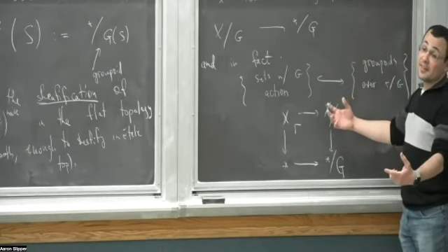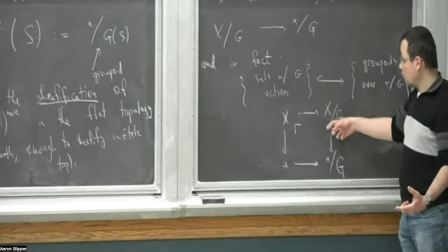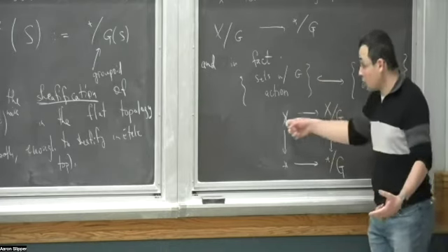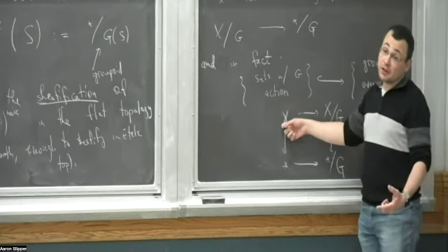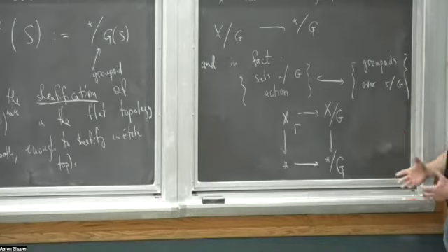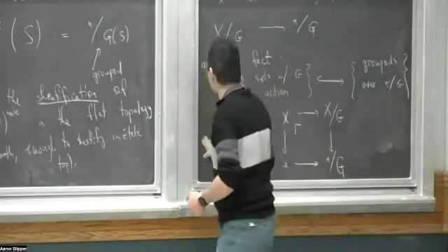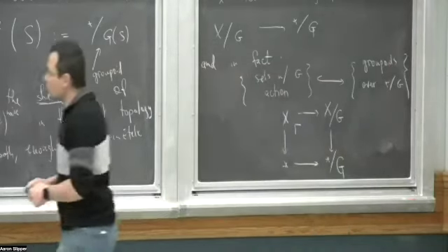Yeah, but I'm just asking how you characterize the essential image of this functor. I'm saying such that you take the fiber product, you get something equivalent to a discrete set. That's the characterization. I literally know of no other.